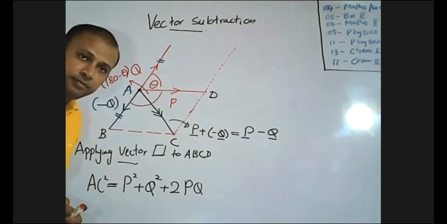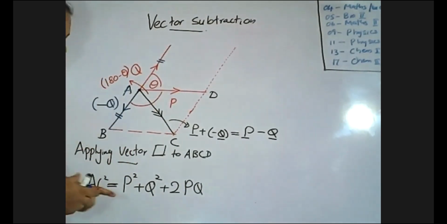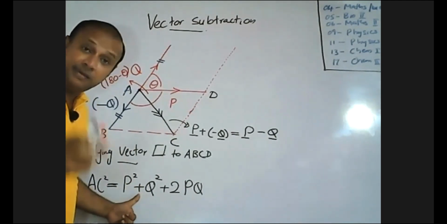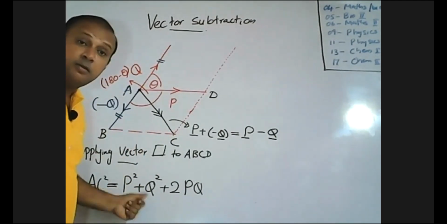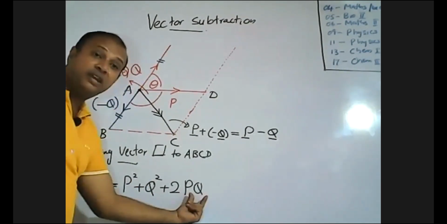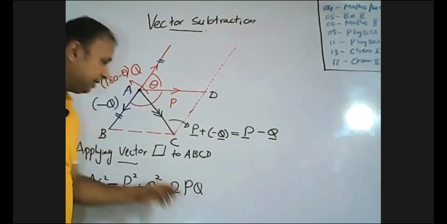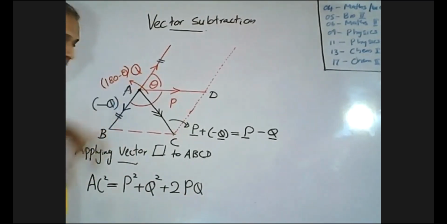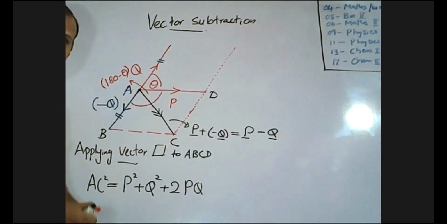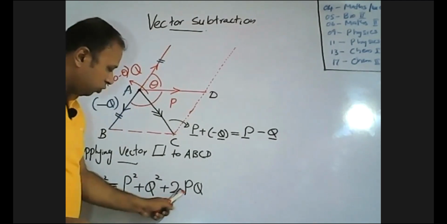Don't write minus Q, because when we were proving this, we took the length only. It is Q and P. So P squared plus Q squared plus 2PQ.